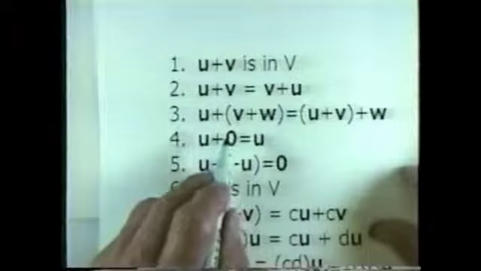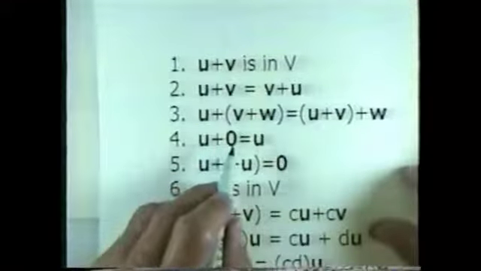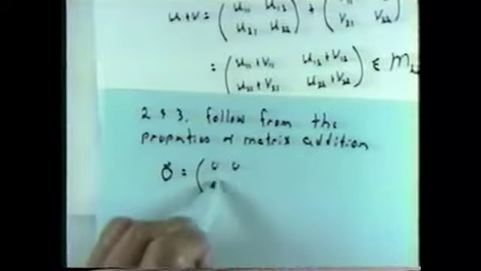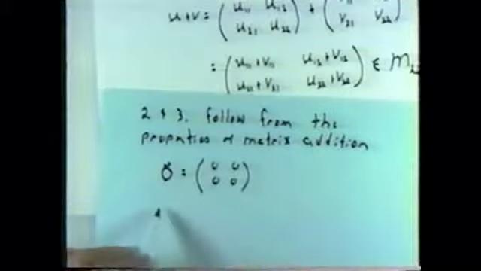Property 4. We must show that we have the additive identity matrix 0 such that U plus 0 is equal to U. Well, we'll just define the 0 matrix to be the matrix 0, 0, 0, 0. Then U plus 0 will be U11, U12, U21, U22, plus the matrix 0, 0, 0, 0.